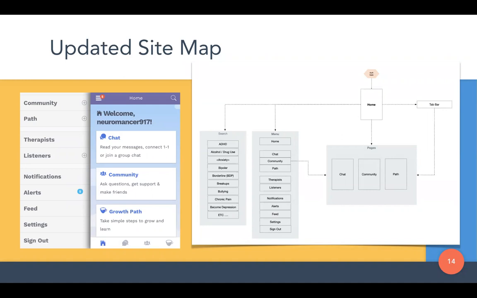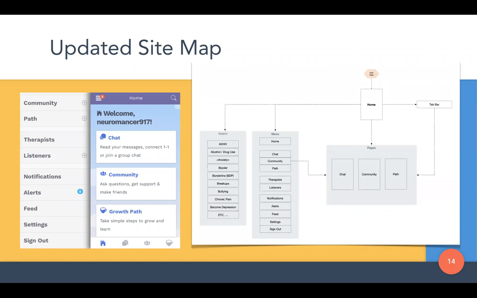So here, when you went through the auth gate, you landed on a home page. And then we saw very clearly there was a chat, community, a growth path. And as you worked within the app, probably over time, these would disappear because you would understand what they are. But really, you would be able to see recent activity, things that you were familiar with.